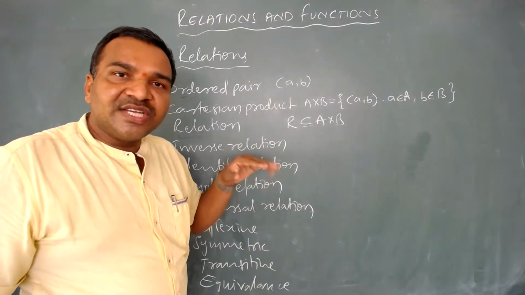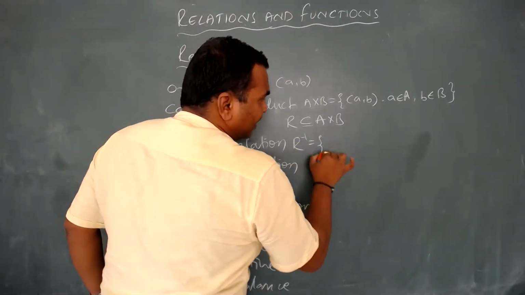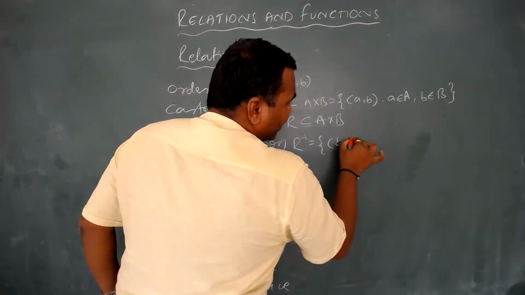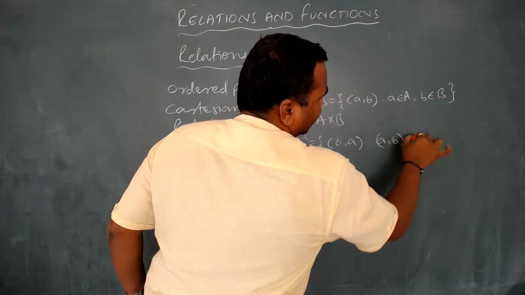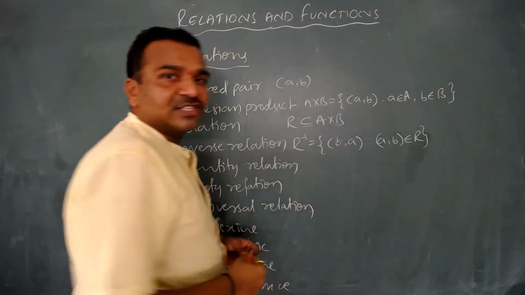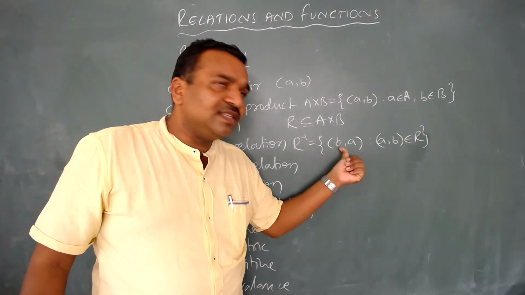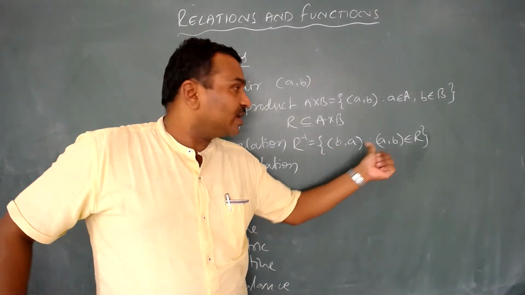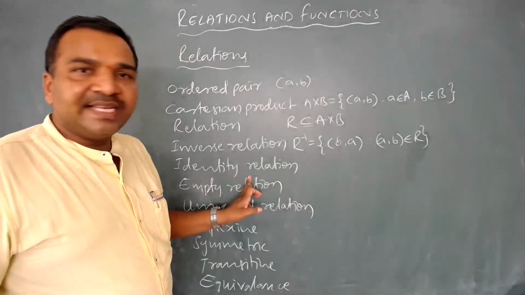So R is a relation, its inverse is denoted by R inverse. What is its value? B comma A such that A comma B belongs to R. This is the definition of inverse relation. Here, the element of R inverse is in the form of B comma A, where A comma B belongs to R.